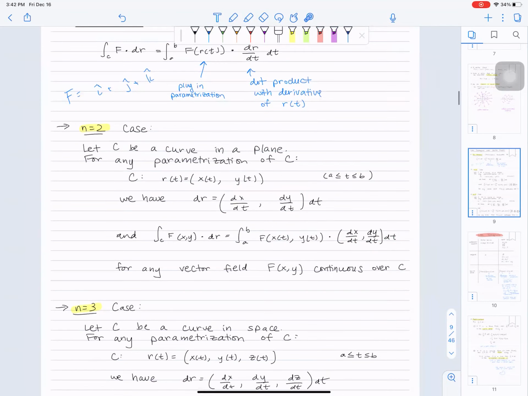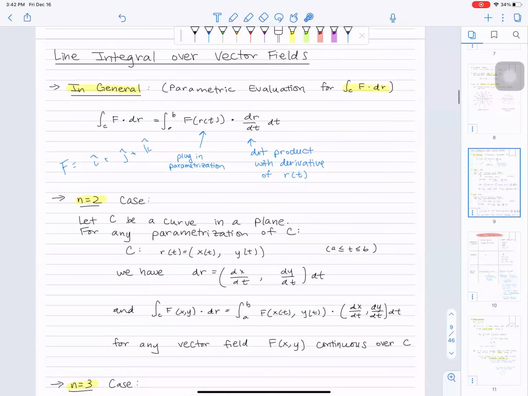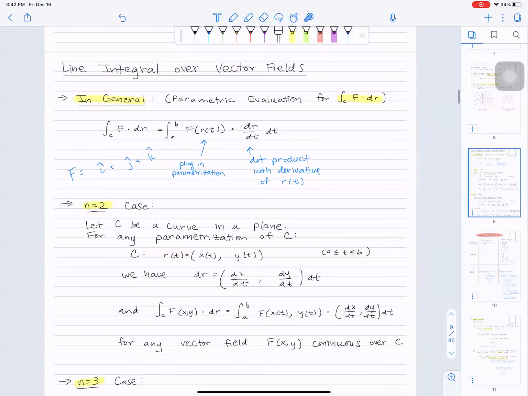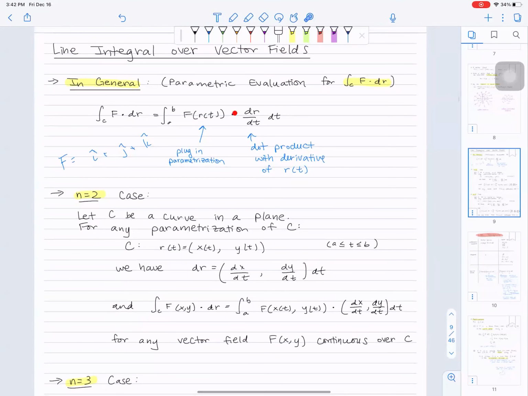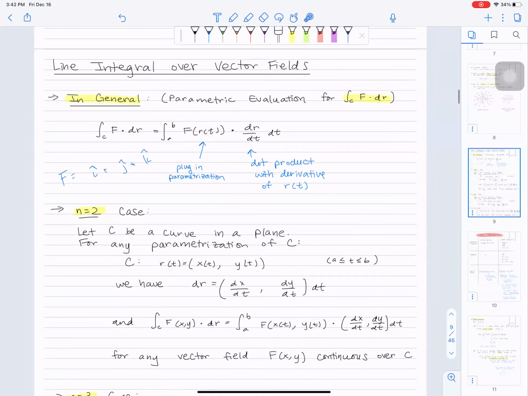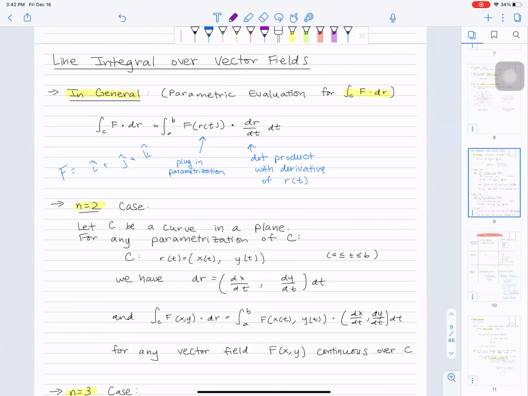Actually, I don't have an example for this type. But the idea is that you'll find your parameterization gamma equals, say, a, b, c. You take gamma prime. Let's say it gives you d, e, f.